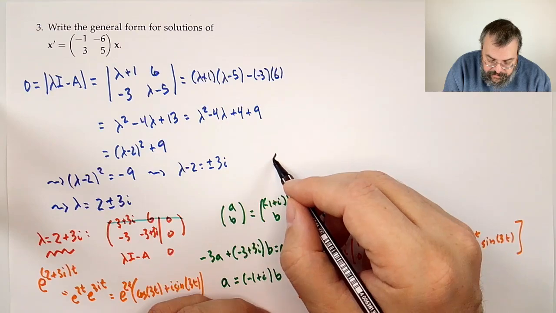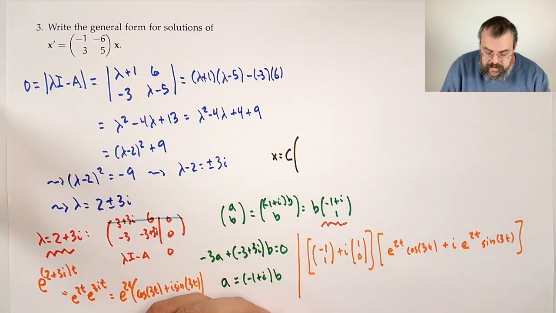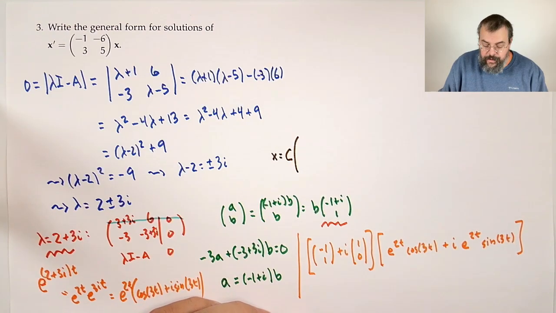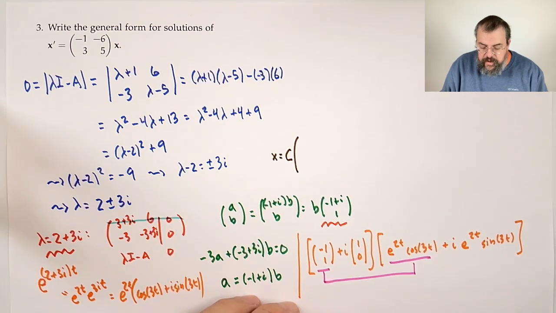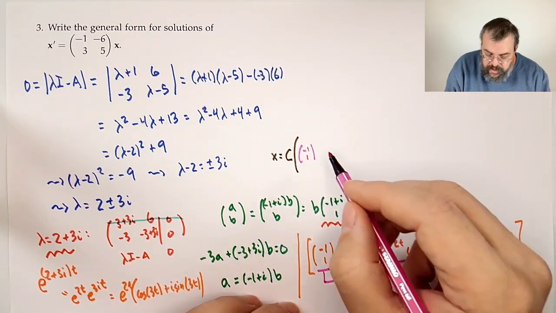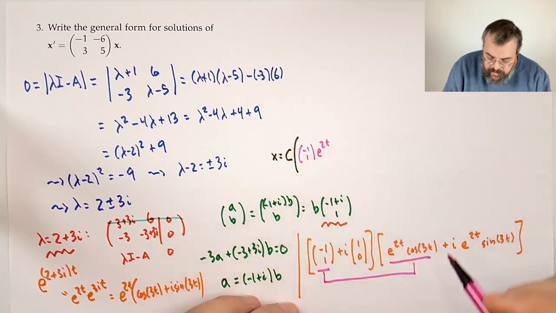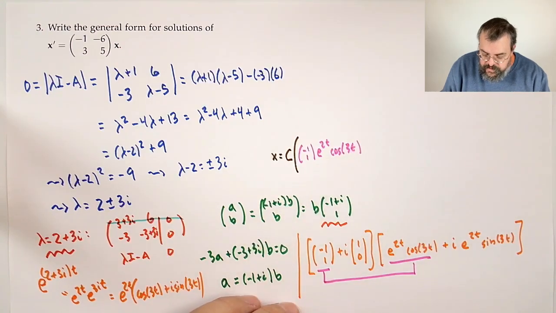So we're going to say x equals c, and now we're going to do our real parts. One real part would be minus 1, 1, e to the 2t cosine 3t. That would be our first terms.